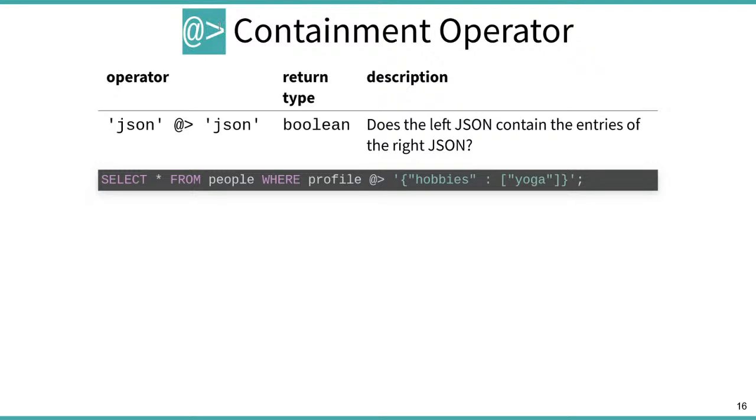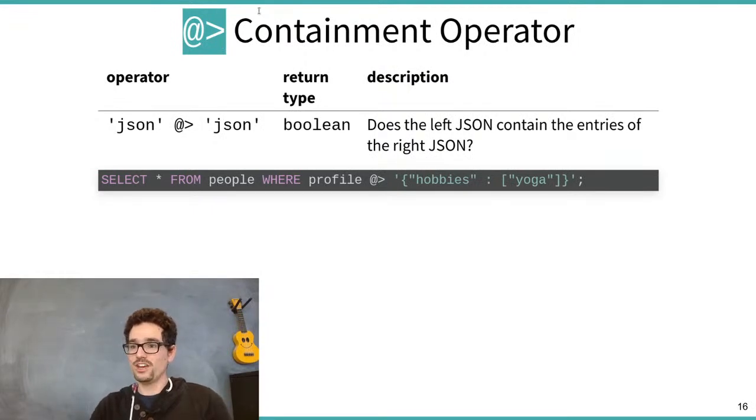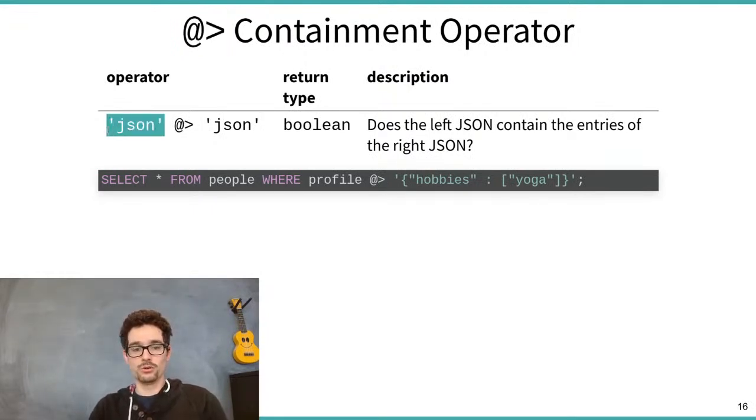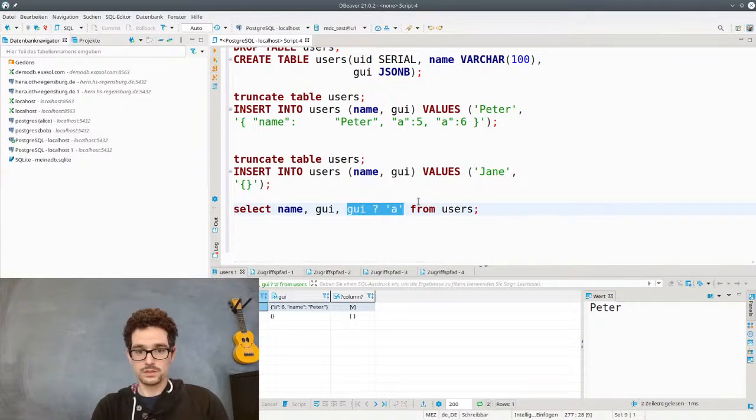I like this operation here because you can use this operator for so many things. It is called the containment operator. Does the left JSON data contain something from the right JSON data? So in our example, I have my GUI and A is 6, and I ask, does GUI contain?